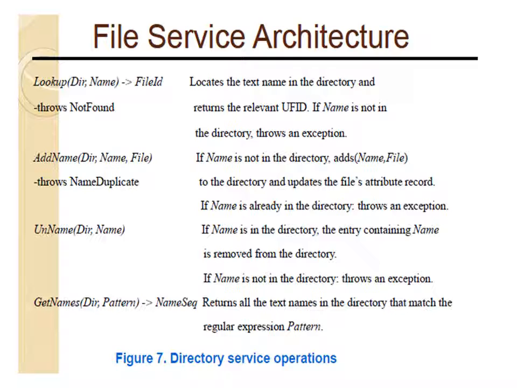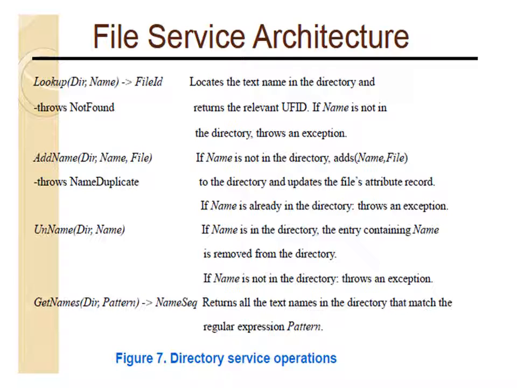The next function is AddName(Dir, Name, File). If the name is not in the directory, it adds the name and file to the directory and updates the file's attribute record. If the name is already in the directory, this function throws an exception.